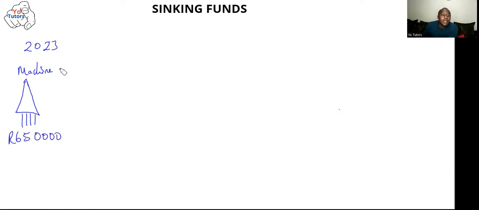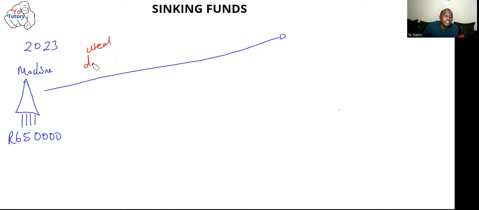Now what happens is that when this machine is bought, it's going to be used, and if it's used, it's going to depreciate in value. Depreciation means that the value decreases.